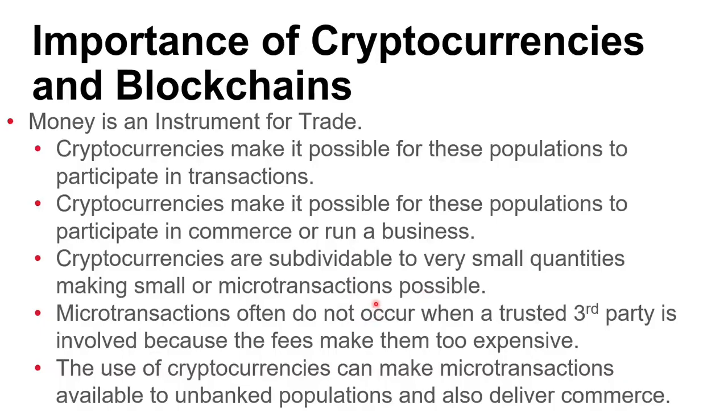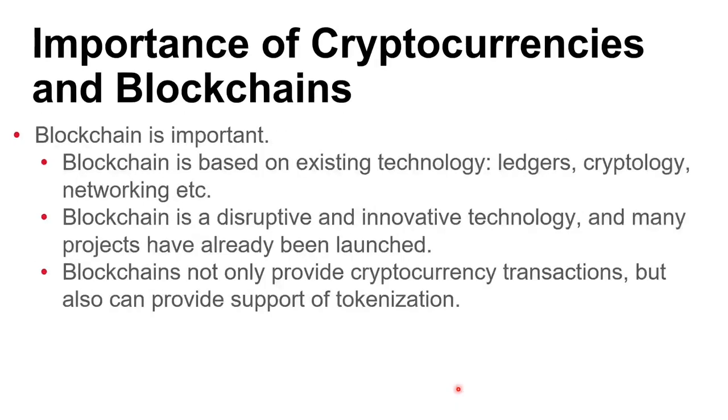Often microtransactions were considered to be too expensive because of fees, but cryptocurrencies and blockchains make microtransactions available. And this particularly is a great use case for unbanked populations and a way to deliver commerce to the unbanked populations. And blockchain is based on, again, existing technologies: ledgers, cryptology, networking.